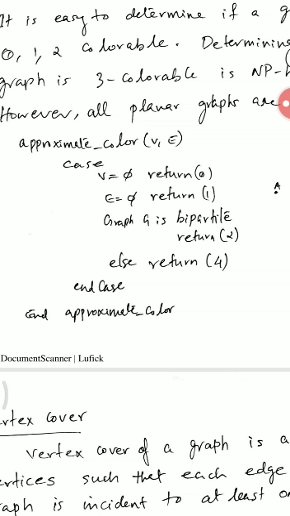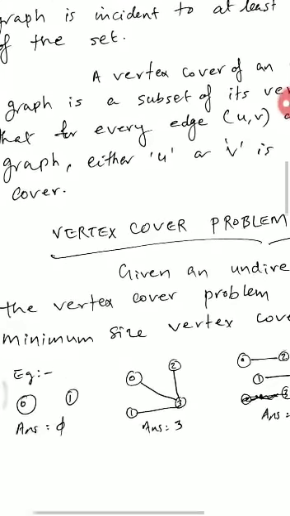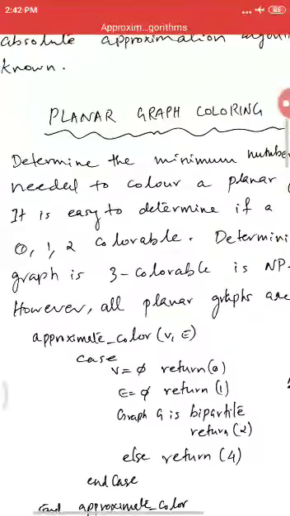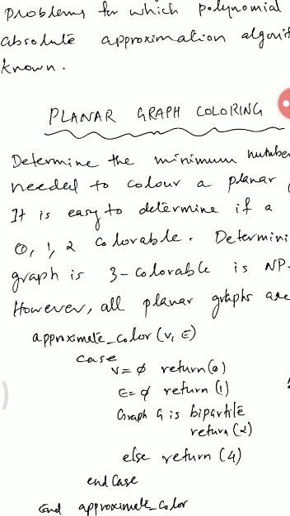Here we are not getting the correct solution, but we are getting something near to the optimal solution. This is the concept of the approximation algorithm for the planar graph coloring problem.